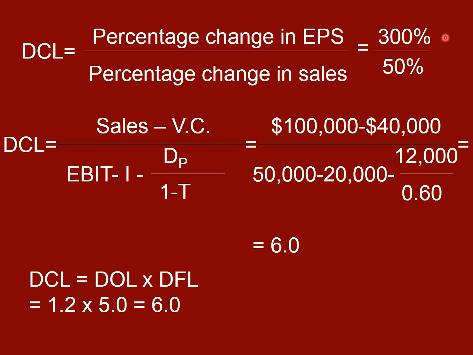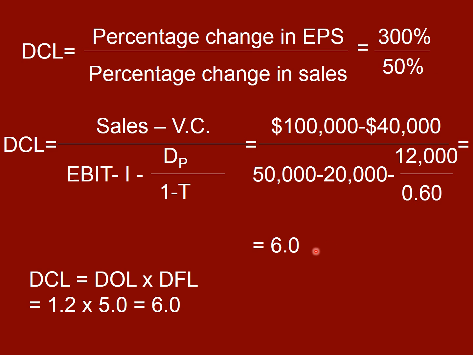The second is to use a more direct formula, shown here, where you take your total sales minus your total variable cost, and divide that by EBIT, which in our income statement was $50,000, minus our interest expense of $20,000, minus our preferred dividends divided by 1 minus the tax rate. That gives us a degree of combined leverage of 6 as well. Up here I'm missing my 6, but this obviously would equal 6, and then this would be 6 as well.